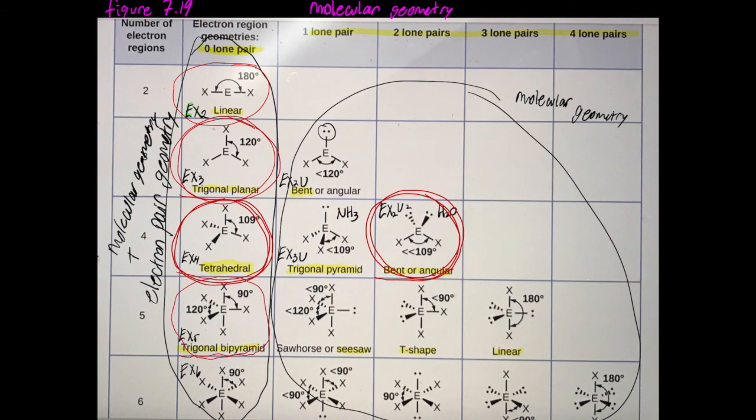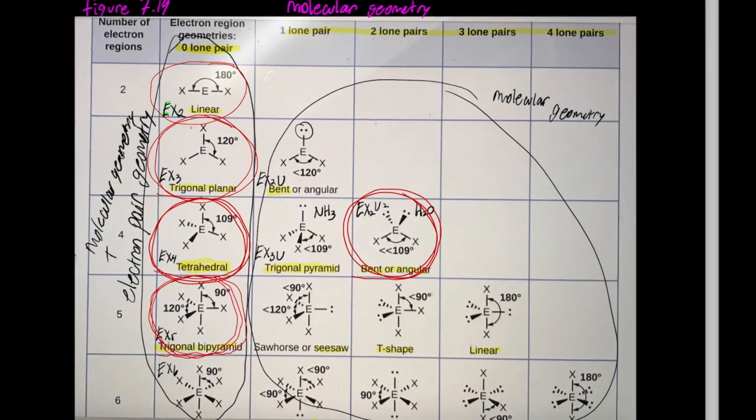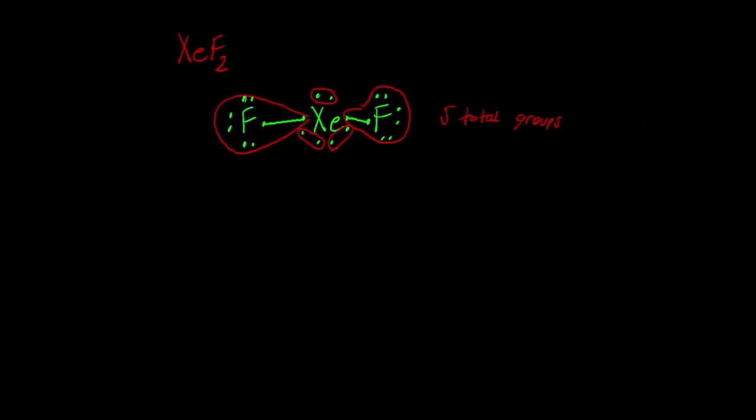Okay, so trigonal bipyramid is when your central atom is bonded to 5 total electron groups. So that's an electron geometry of trigonal bipyramid.